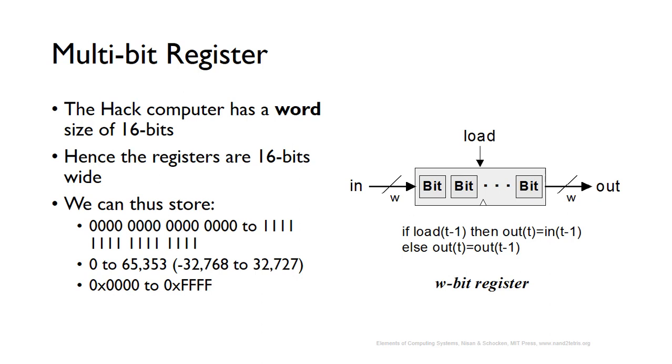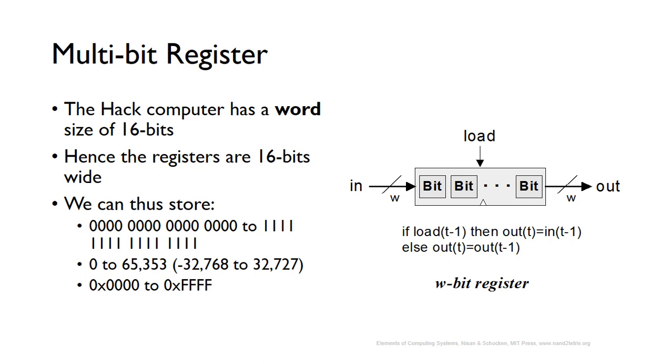This means in a particular register, we can store, in binary, 16 zeros up to 16 ones. In decimal, assuming unsigned numbers, that gives us 0 up to 65535. Or in signed numbers, using the 2's complement representation, we'll go from minus 32,000 up to plus 32,000.